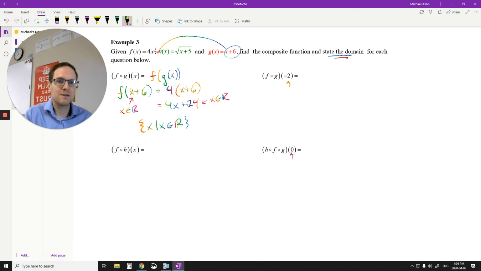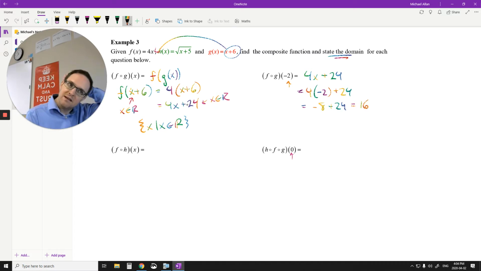Now, because this is f of g of x, and this is f of g of negative 2, I could do it the same way that we did it previously, or I can just use the equation we have here. We decided this equation was 4x plus 24. So I can put a negative 2 into that equation. I don't know why I'm pulling out the calculator, but I might as well. I get 16 there. Okay, so my answer is 16.